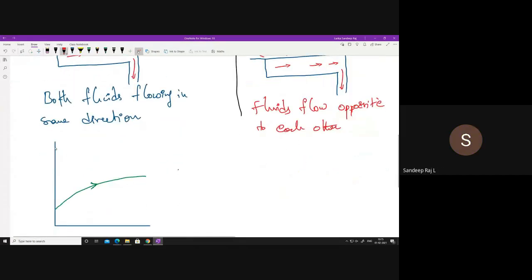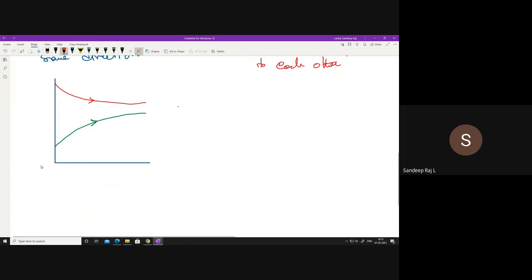It will decrease. So basically, this is the inlet point, and this will be the outlet point.